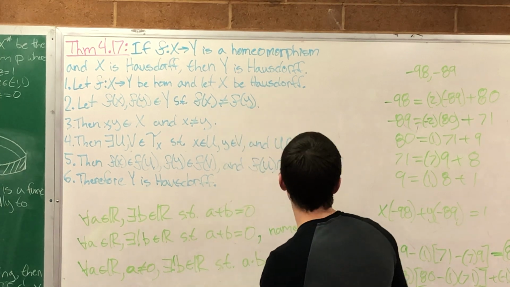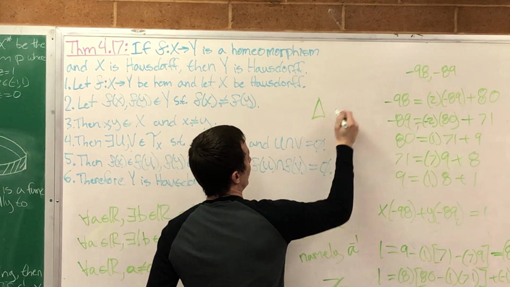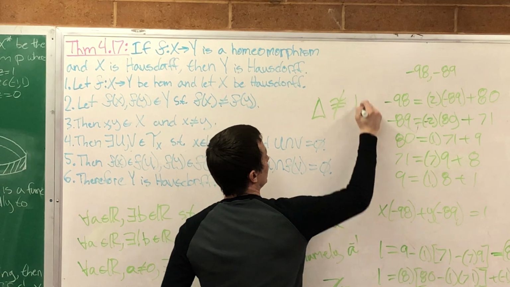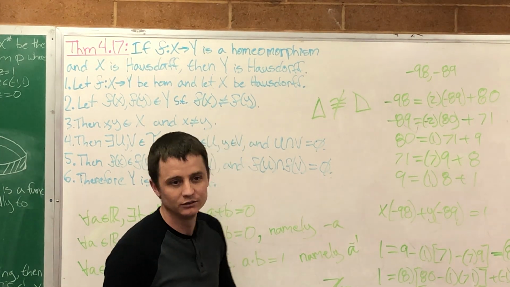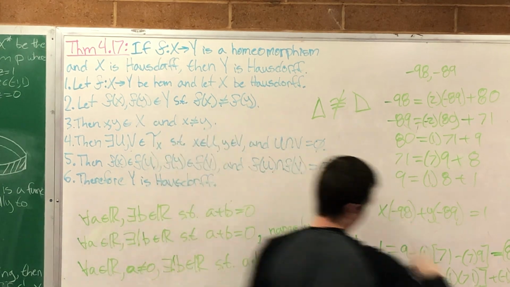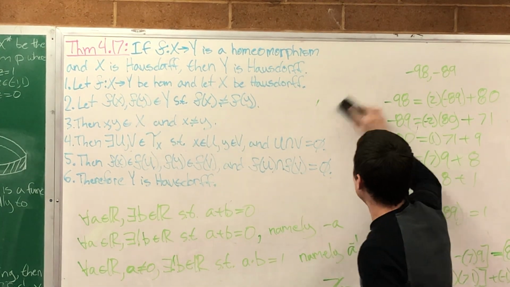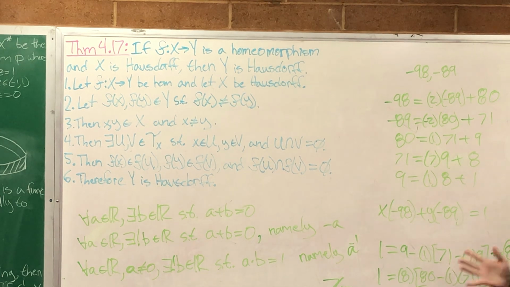The same way that in order for me to show that this triangle is not congruent to this triangle, all I need to do, well, no, that's not quite true. That's not a good example. But that's what homeomorphisms do. They maintain topological properties.